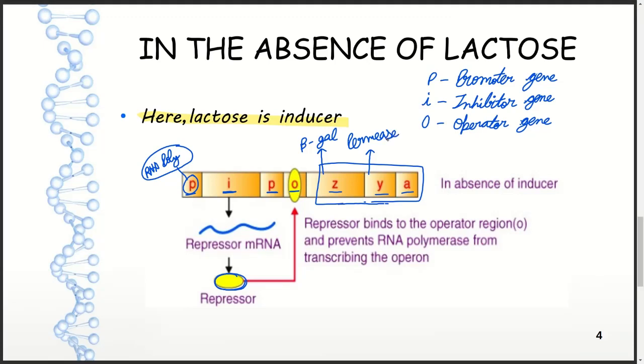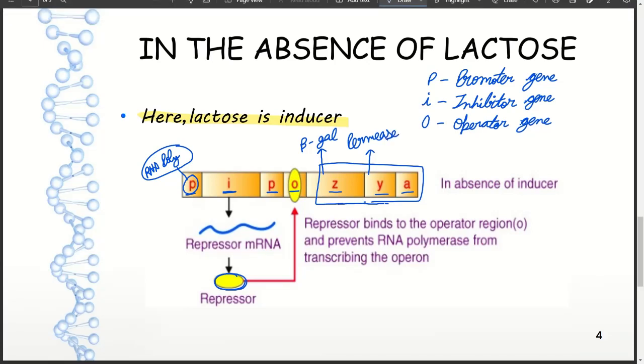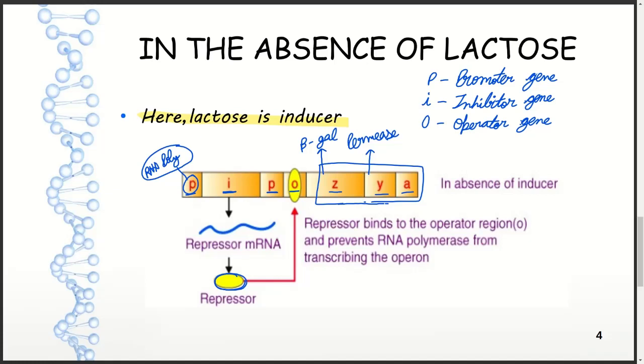Permease is an enzyme which increases the permeability of the cell to beta galactosides. And the last is our A gene, which is going to transcribe and translate for the synthesis of another enzyme, which is called transacetylase. So this is our transacetylase.